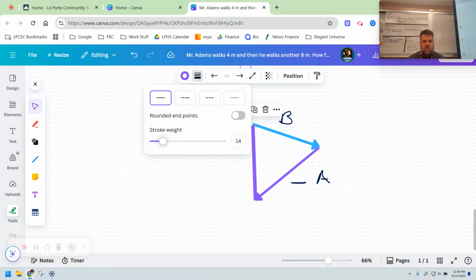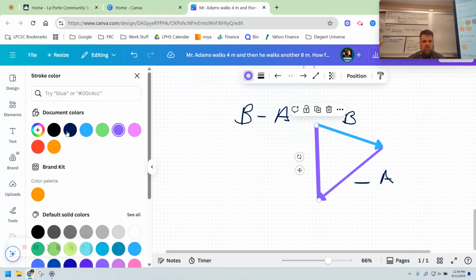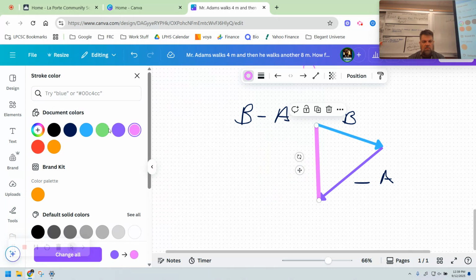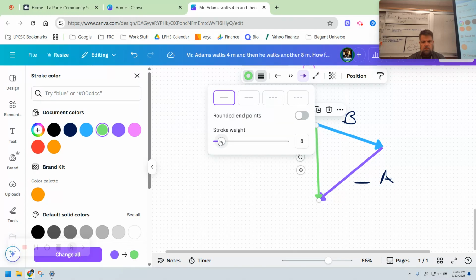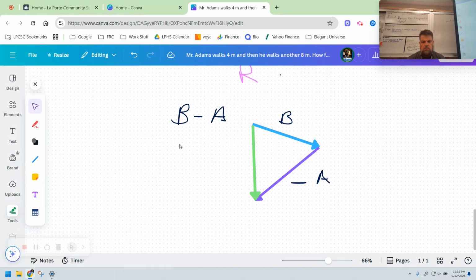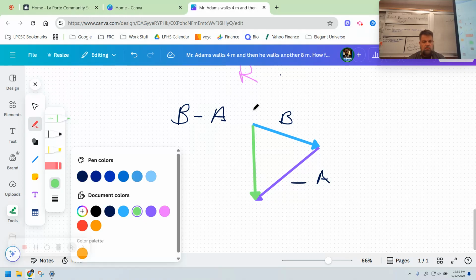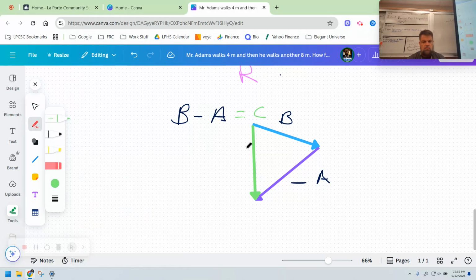And we'll give this one a different name, and a different color too. So we'll say that that equals C. Okay.